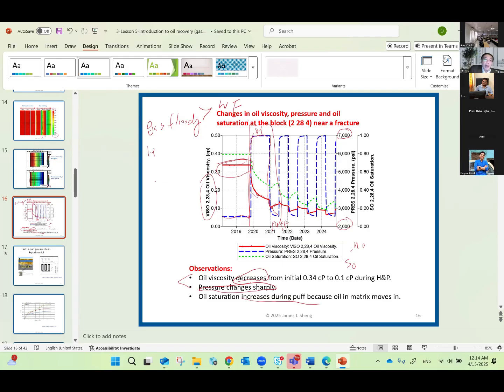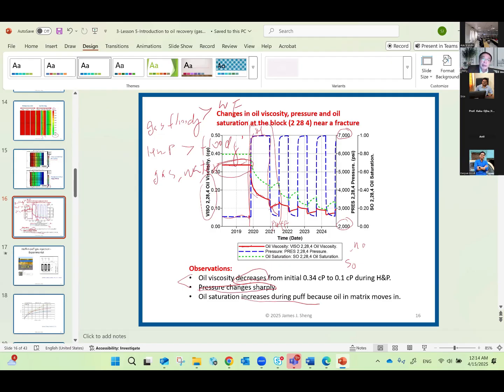And Huff-n-Puff is better than flooding, either gas or water. Okay, so we demonstrated that. We also explained why Huff-n-Puff mode is better than flooding mode.